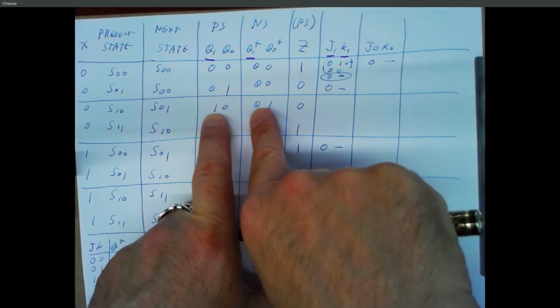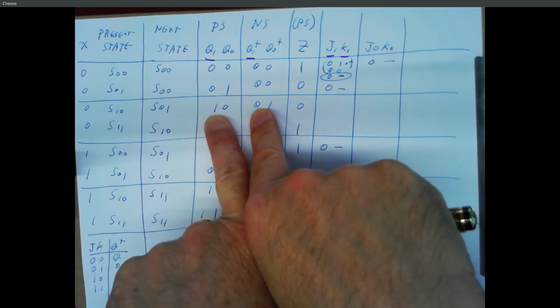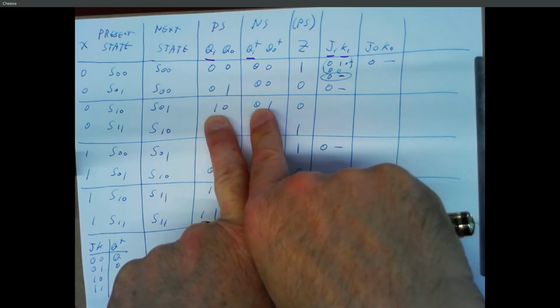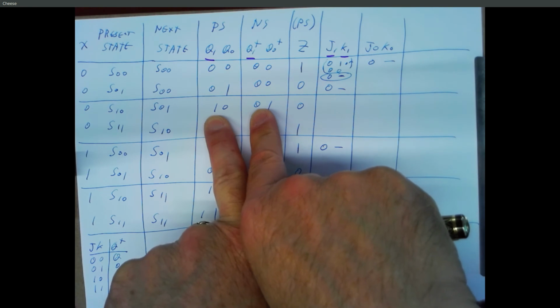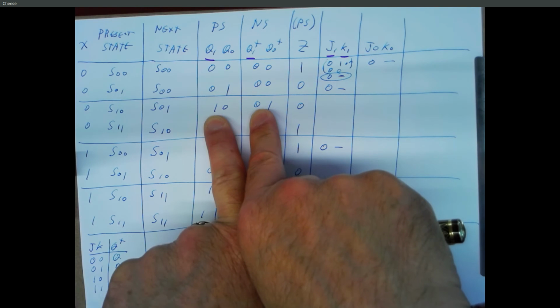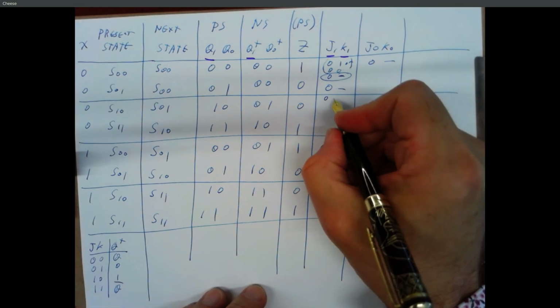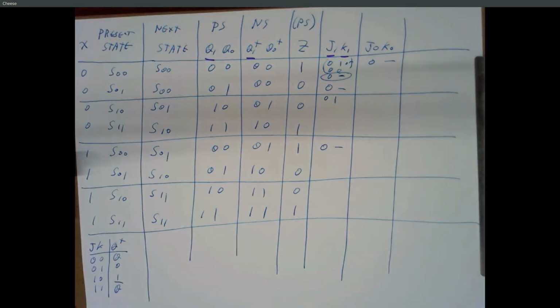Q1 is a 1. We want Q1 to become a 0. So what are the values for J and K to change from a 1 to a 0? 0 and 1. Because anytime the inputs are 0, 1, the next value of Q is a 0. Any other values we could have set on J and K to get that same result?